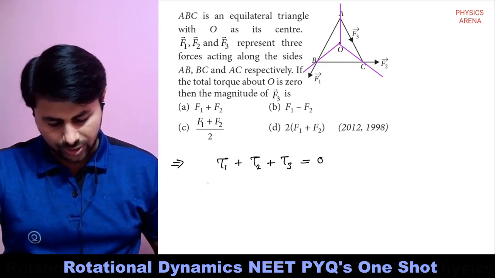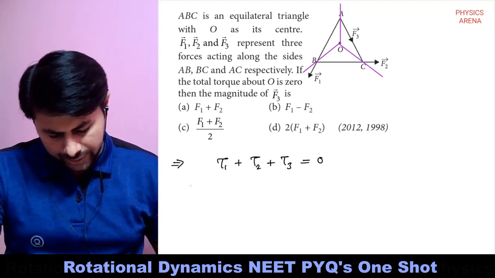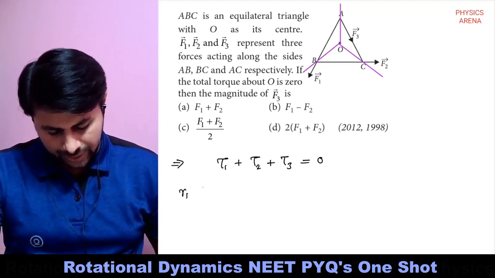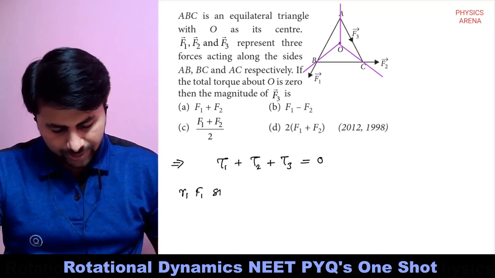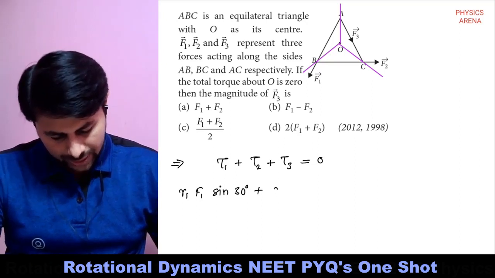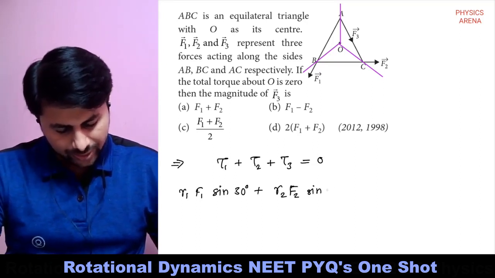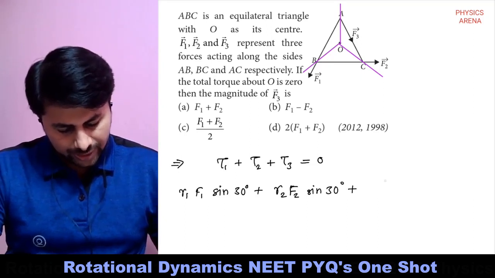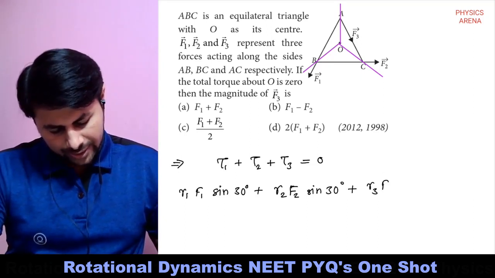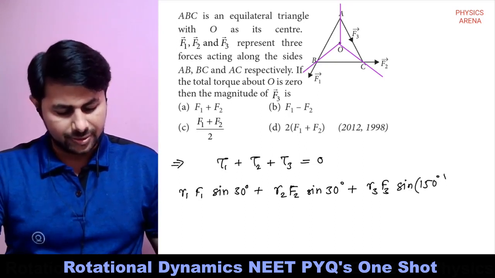Okay, so how much is tau 1? It is R1 into F1 multiplied by sine of 30 degrees, plus R2 F2 multiplied by sine of 30 degrees, plus R3 F3 multiplied by sine of 150 degrees.